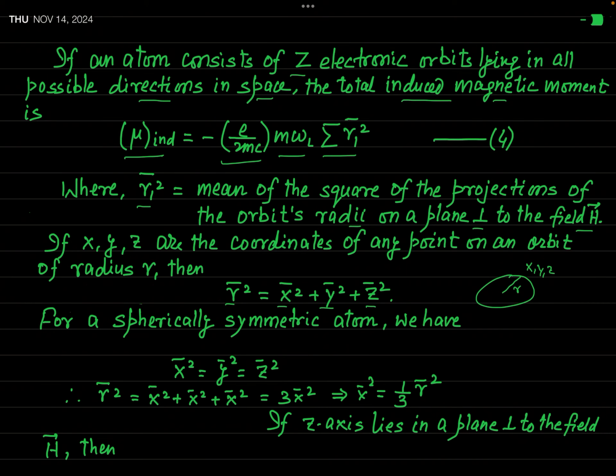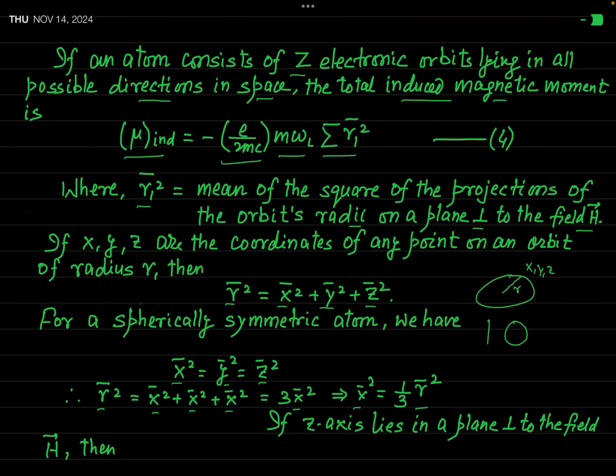But if you consider that your atom is spherically symmetric, which is in general the case, then x square bar, y square bar and z square bar will all be equal, and therefore r square bar is equal to 3 x square bar, and so x square bar will be equal to 1 over 3 of the mean of r square.